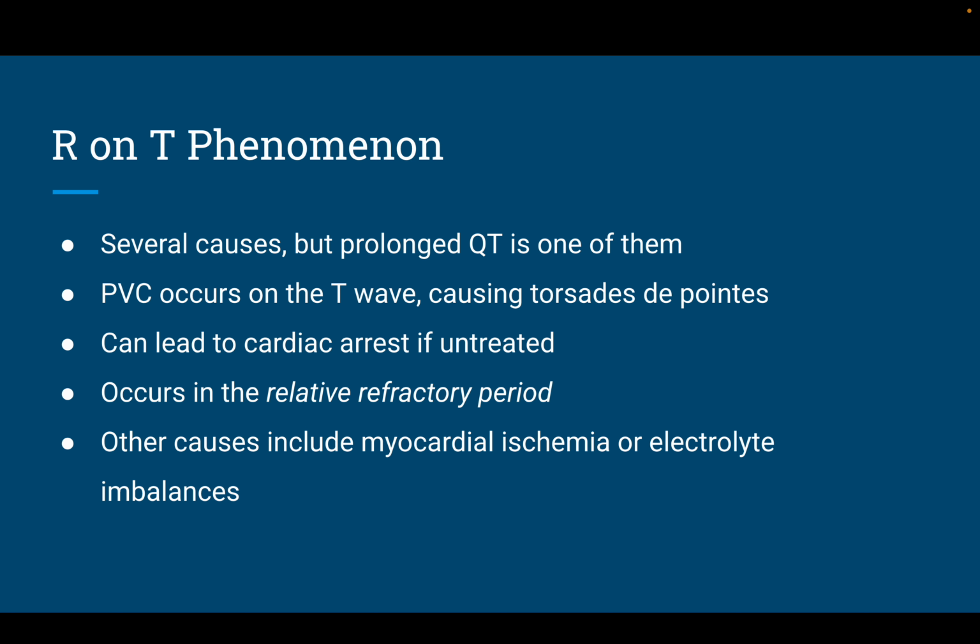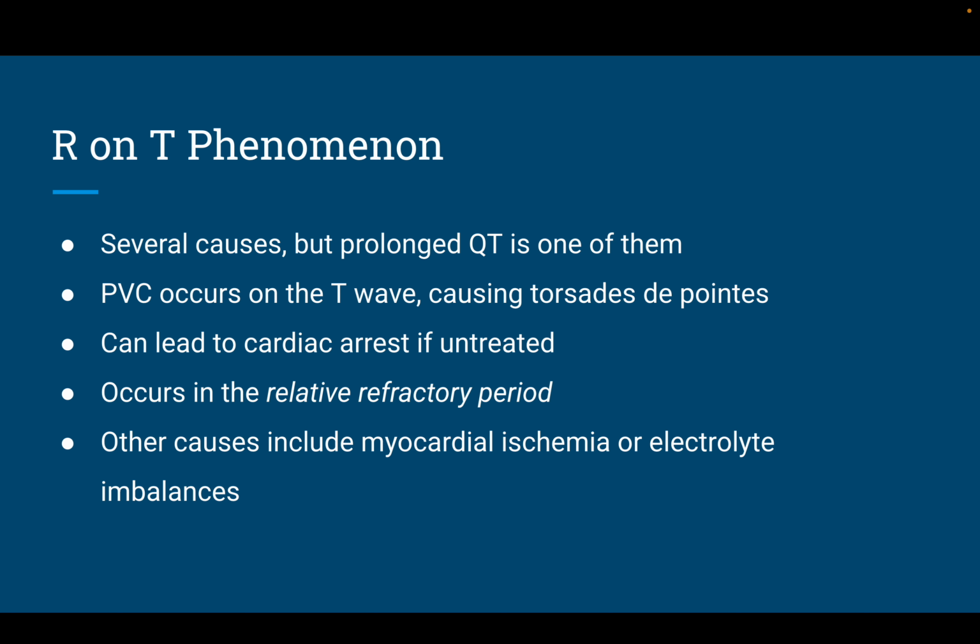So R-on-T is when you have that early depolarization in the relative refractory period, and a PVC occurs on the second half of that T wave. In the myocardium, the stimulus basically circles, and that's why you get that crazy twisting of points, Torsades de Pointes.